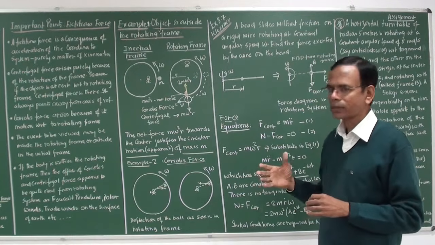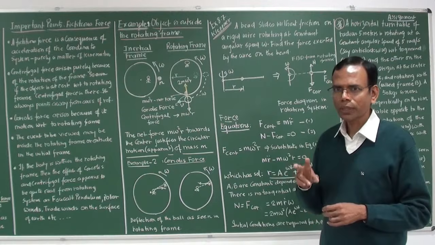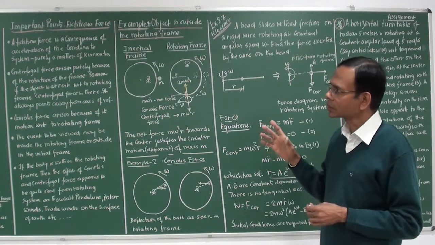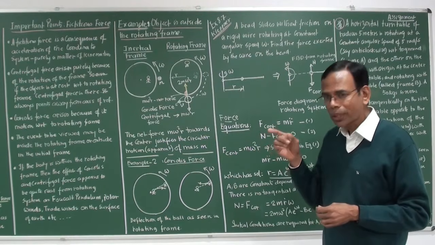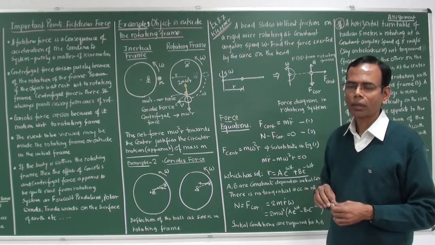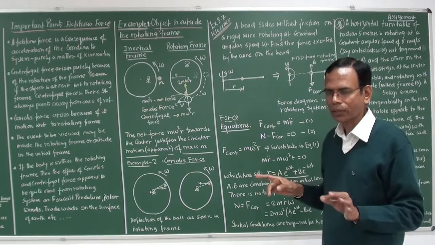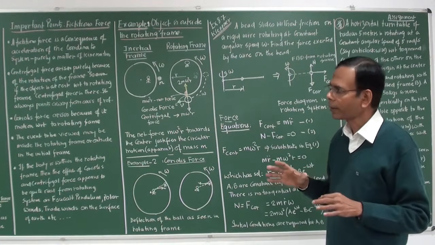After this, I will request you to go and see more lectures. The first lecture is how this rotating frame is different from the rotating axes in the polar coordinates, the r theta coordinates that you have studied. They are different actually, but still there is some kind of similarity between them.